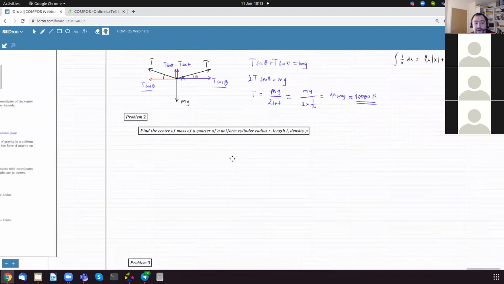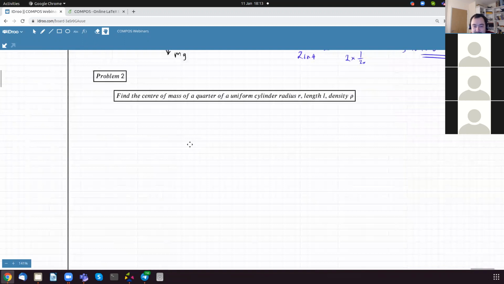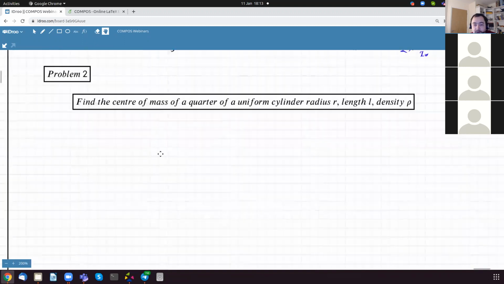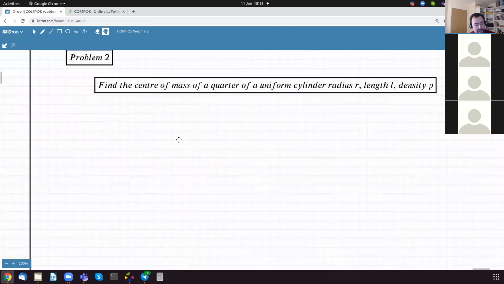The second question: find the center of mass of a quarter of a uniform cylinder, radius r, length L, and density rho. Again, there are different approaches to this problem. I'm going to use the straightforward approach.